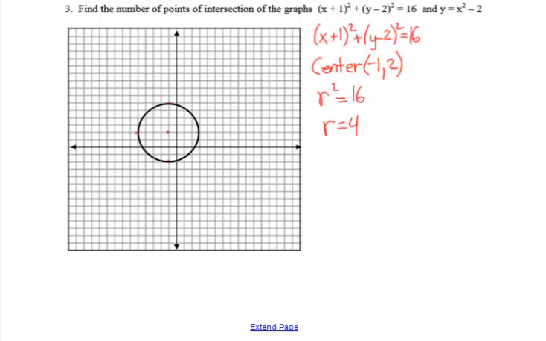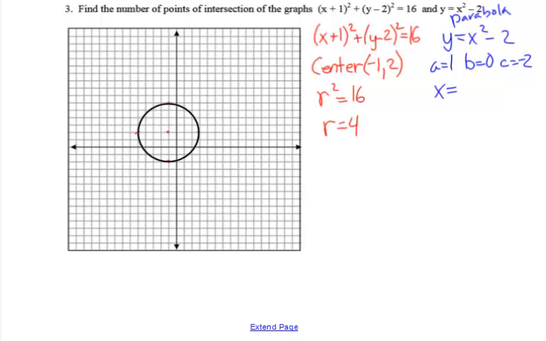Well, what else do we have? y equals x squared minus 2. Now, it's in a little bit of a different format, but we should recognize that this is a parabola. In the parabola, the value of a is 1, b is 0, and c is negative 2. See, there's no x term written, so that's when you have 0.